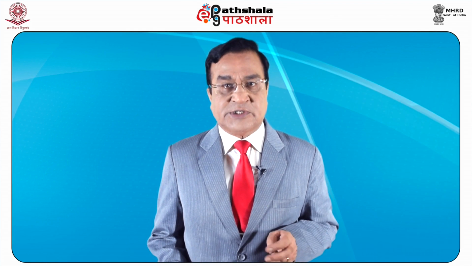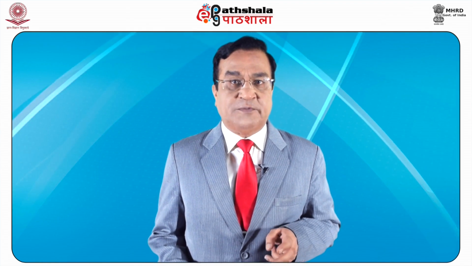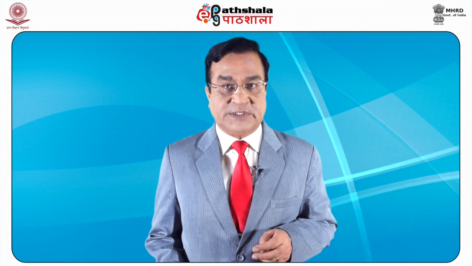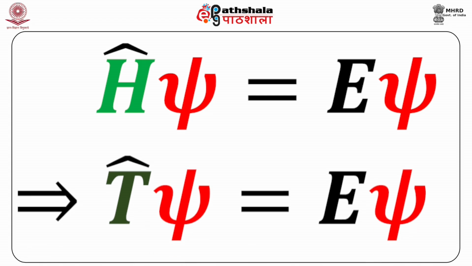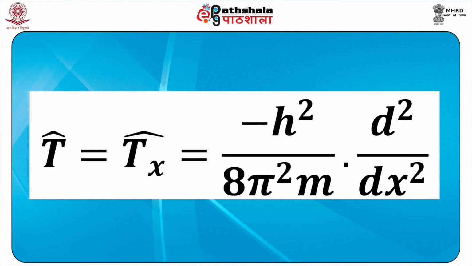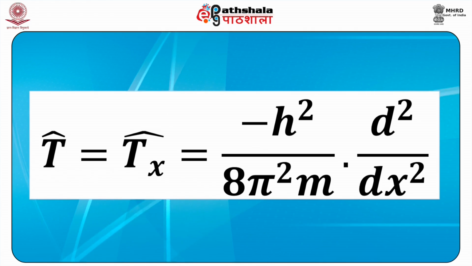Now for such a system, what will be the corresponding Schrödinger equation? Let's see. Here, as you can see, potential energy is 0. So h cap psi equals E psi would mean T cap psi equals E psi, and T cap is the kinetic energy operator, in this case the kinetic energy operator in the x direction.